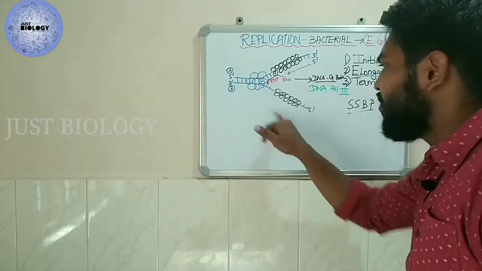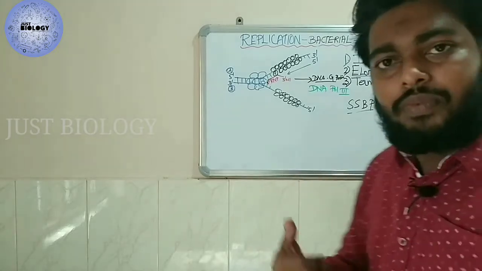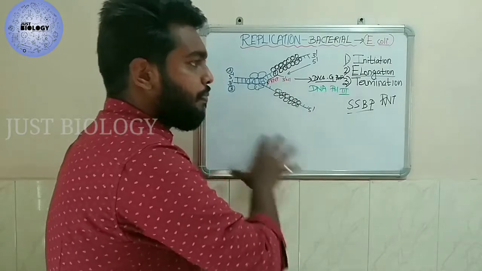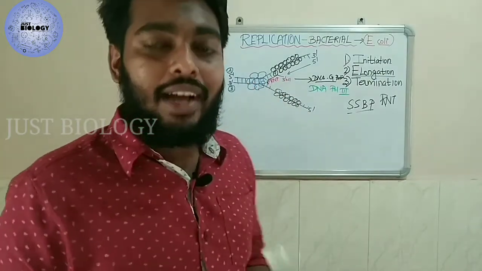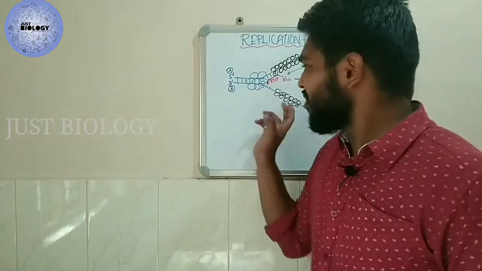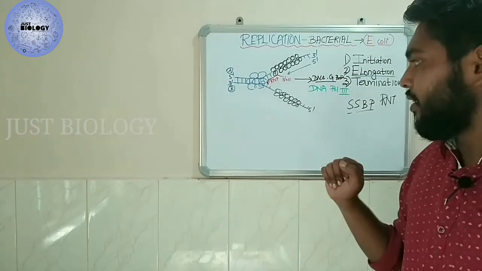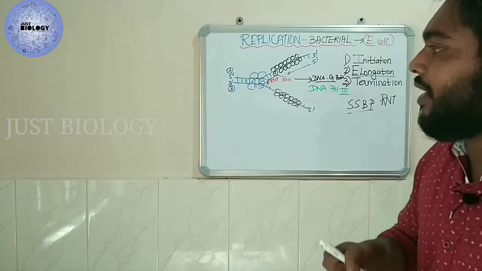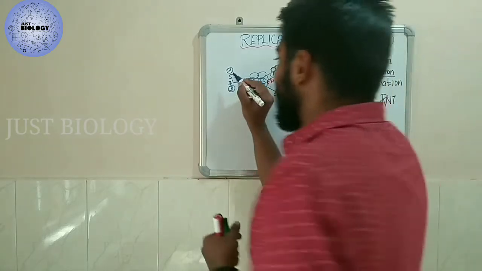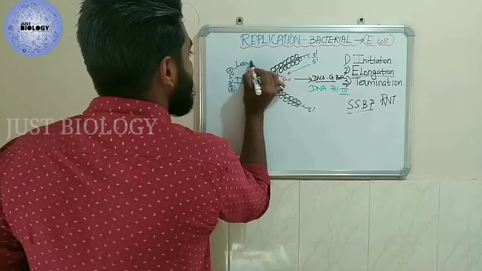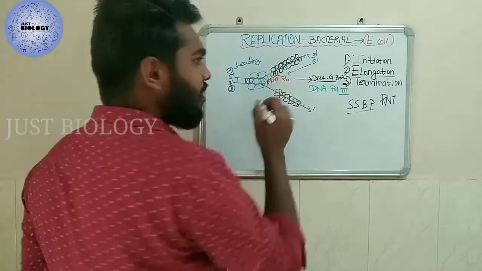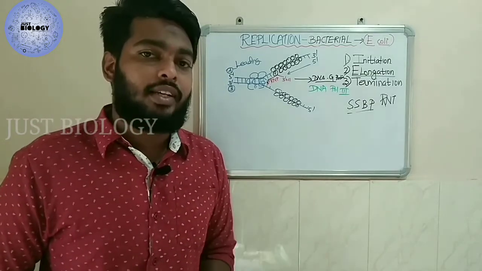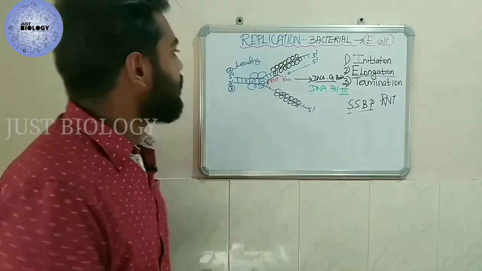But in this direction, they have to stop somewhere and again start. So this is the discontinuous strand. Based on this, we can call the first strand, strand A, the leading strand. Why? Because it is not interrupted. It is a continuous strand, so they can synthesize continuously without any problem.